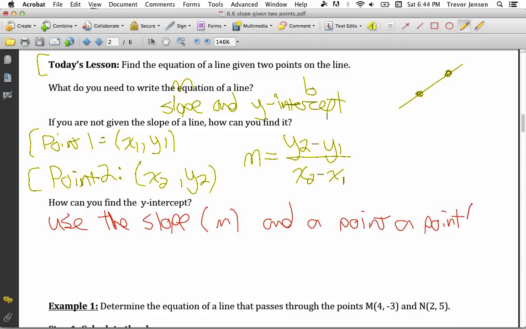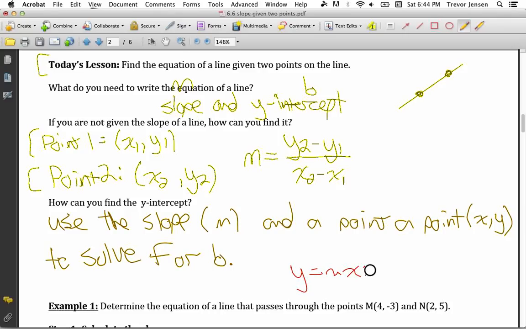Either point, they'll both get you the same answer, to solve for b, the y-intercept in the equation y equals mx plus b, of course. So you plug in for your m, x, and y, and then you solve for b.